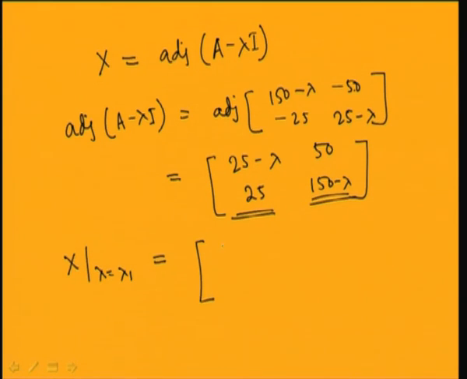The first column becomes 25 minus 15.6929, and 25, and this is 50 and 150 minus 15.6929. If you calculate, this becomes 9.3071, 25, 50, and 134.3071. So, you can find that the normalized values of both the columns are the same.